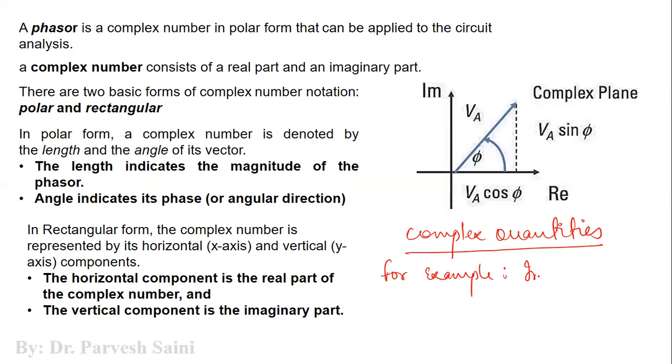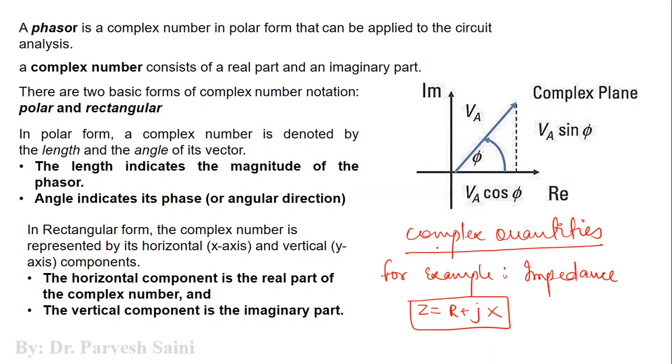We have impedance. So impedance is generally represented with the letter Z, which is equal to R plus JX. So we will discuss this in detail in our forthcoming lectures when we come to the impedance. However, this is just to make you understand that we have complex quantities.